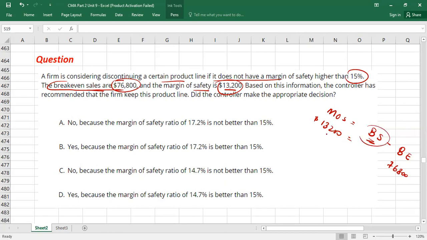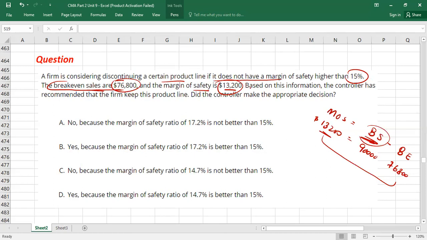How? If I add these two values, margin of safety plus break-even, it will be equal to budgeted sales. So budgeted sales will be 90,000. Just check it, because 90,000 minus 76,800 is going to be 13,200. Okay, so we got budgeted sales. I calculated it because we need it.